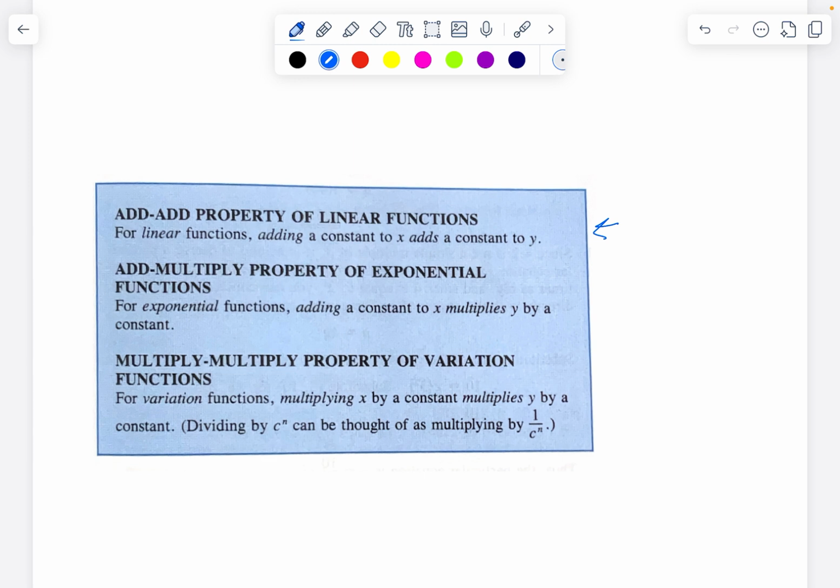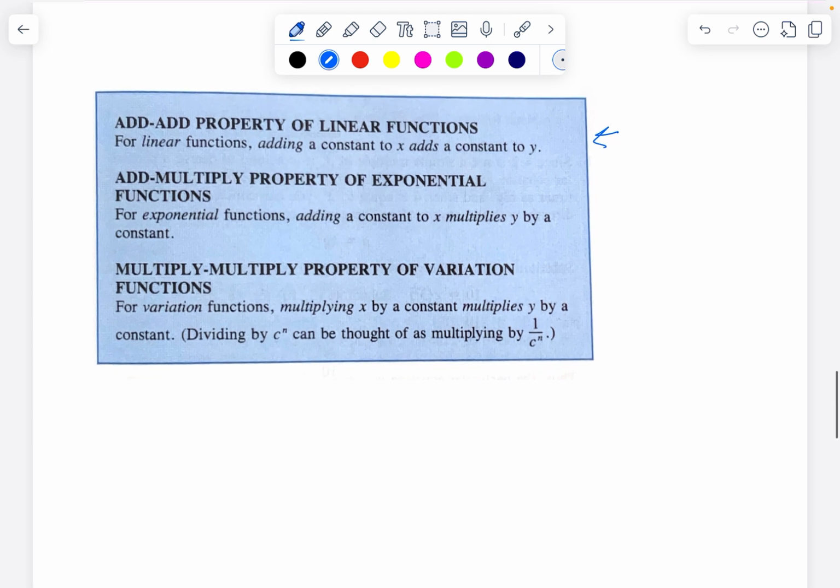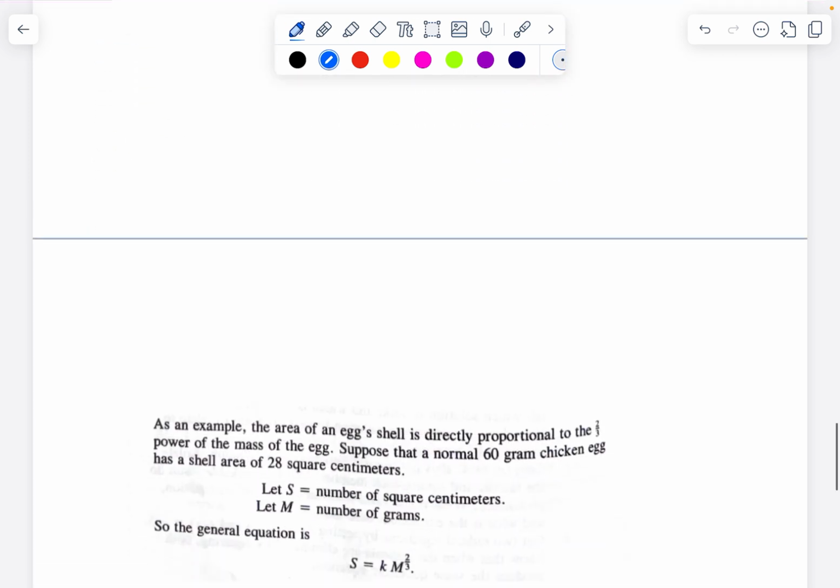You'll see the equation, the graph would just adjust, as we've seen with other things that we have graphed. And we have the add-multiply property of exponential functions. So if you add to x and it's exponential, you're multiplying y by that constant. So you keep multiplying it more. And then, as we have already seen, the multiply property that we used in our example. But now let's move to section 8.5.